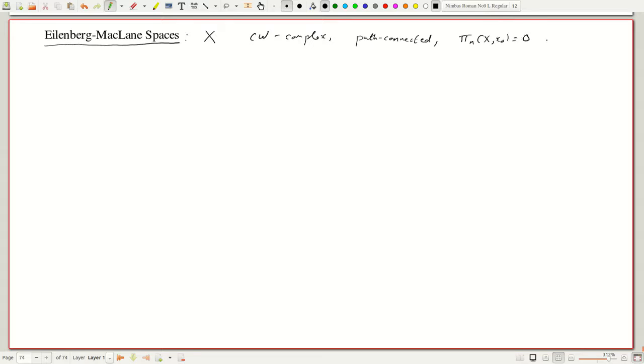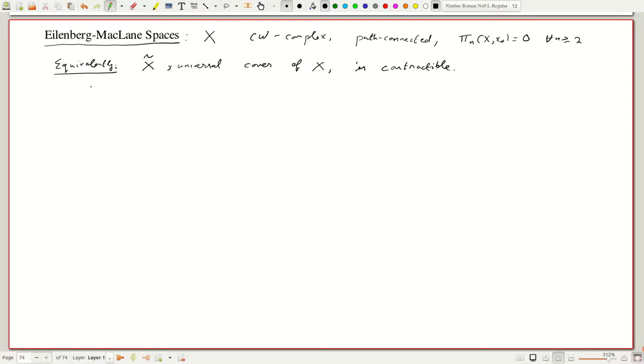So this is 0 for all n greater than or equal to 2. And as we saw last time, equivalently, X tilde, the universal cover of X, is contractible. So it's a CW complex whose universal cover is contractible.